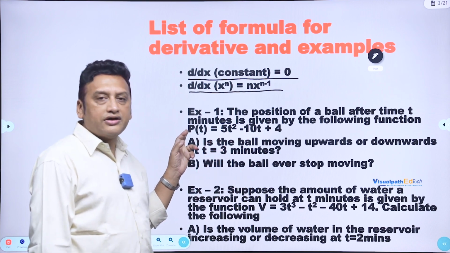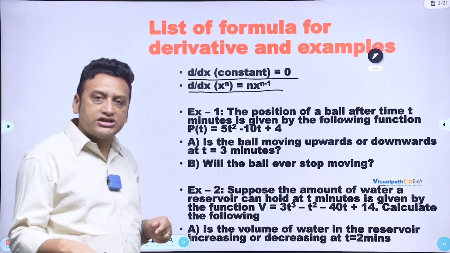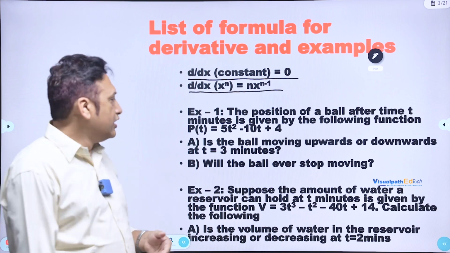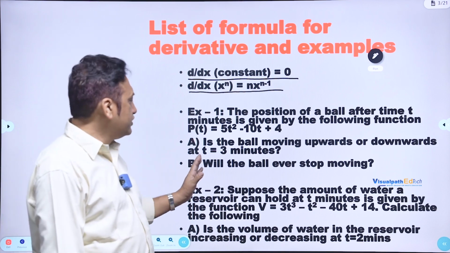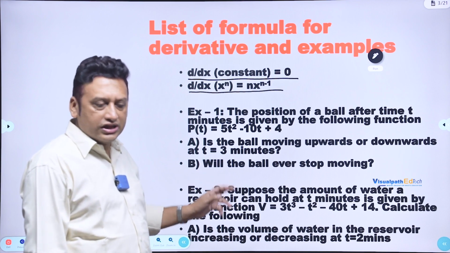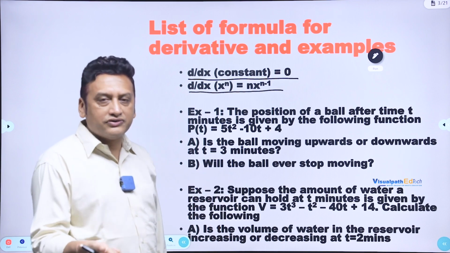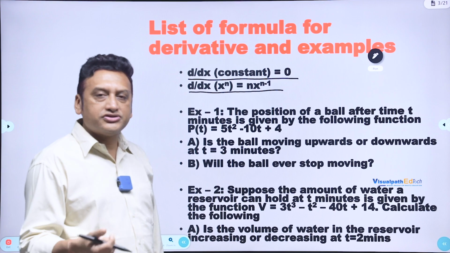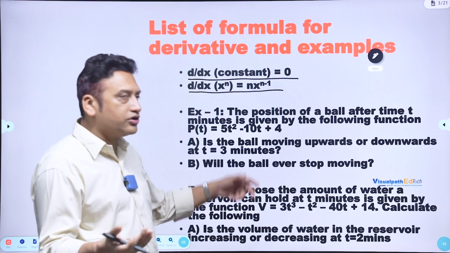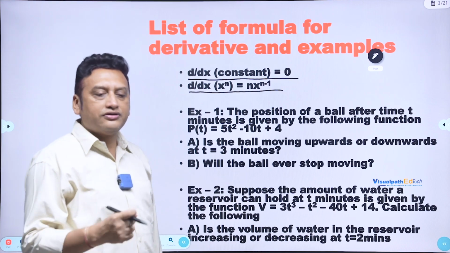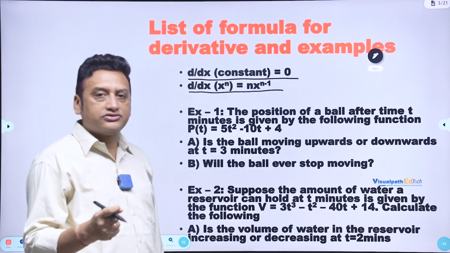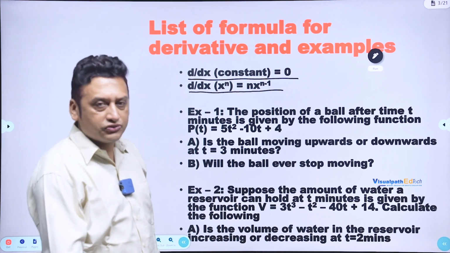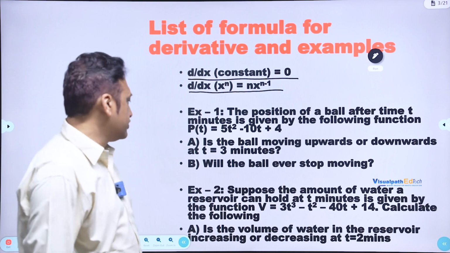When we find out the derivative of p(t) with respect to t, we will get the velocity. Now, in that velocity, if we substitute t = 3 and find out the value of the velocity, if the value of the velocity is positive, then the body is moving upward. If the value of the velocity at t = 3 is negative, then the body is moving downward. That's the way how we do it.